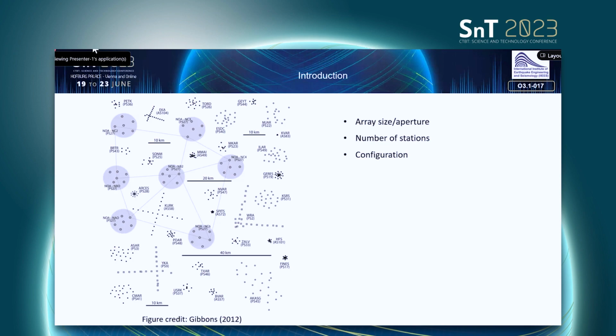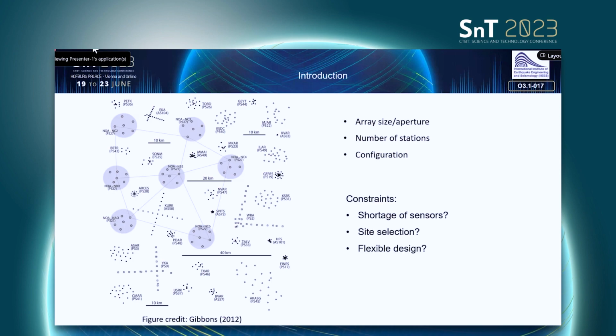As you can see, IMS seismic array size varies from small to large aperture. They usually have 10 to 20 sensors, and they are mostly configured in a circular shape. We can see that all the arrays are designed in a routine standard procedure.